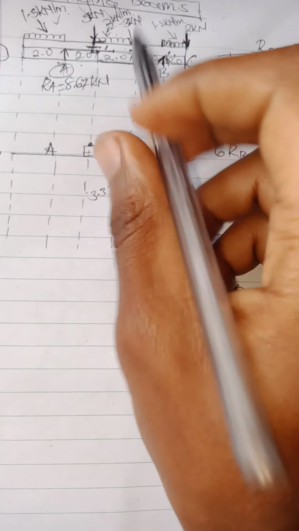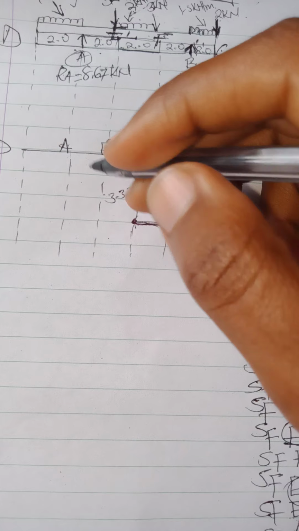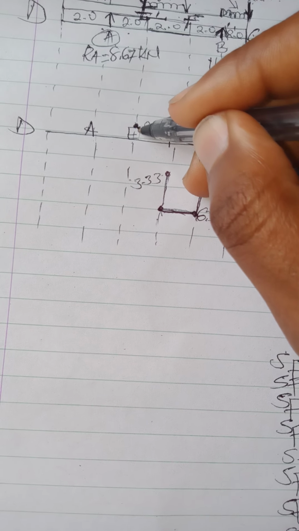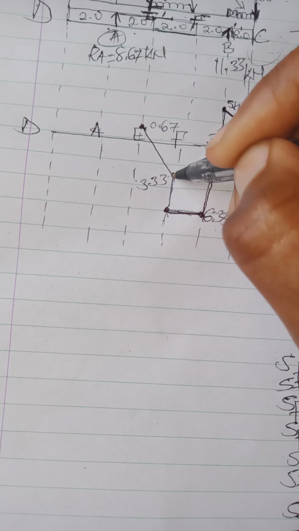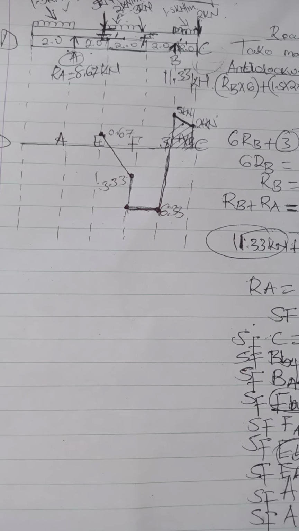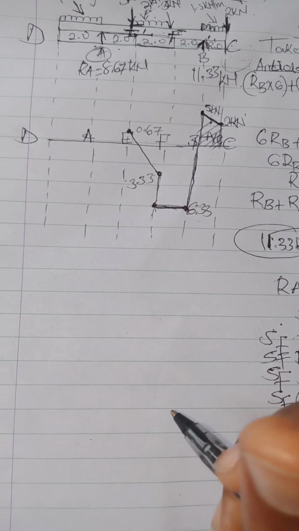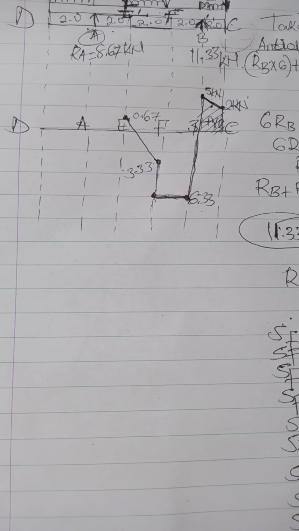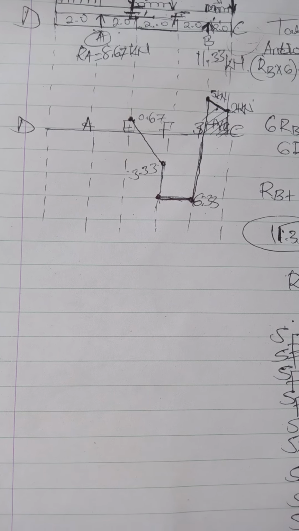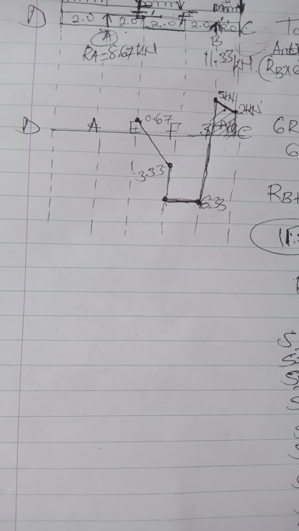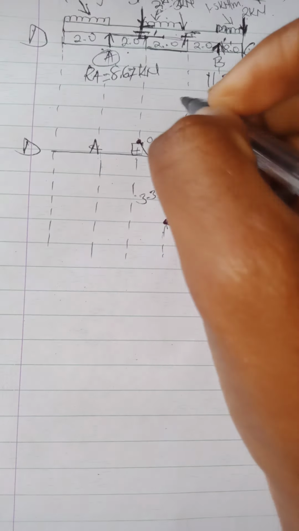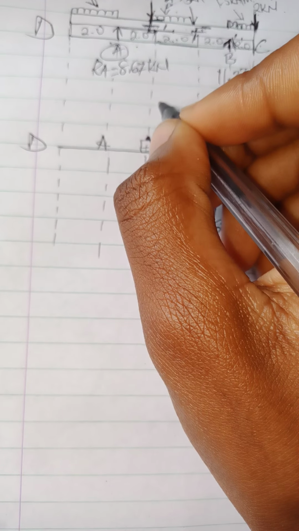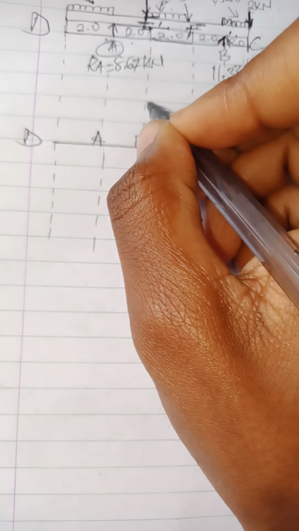Because of the UDL here, it's another slanting line. We got another slanting line there. Now before E, then at E it's 5, actually 5 kilonewtons. 5.67 is slightly above there.